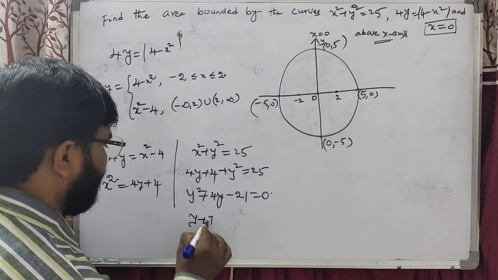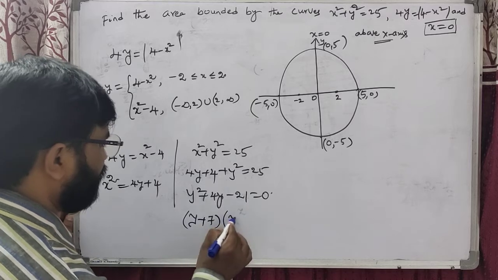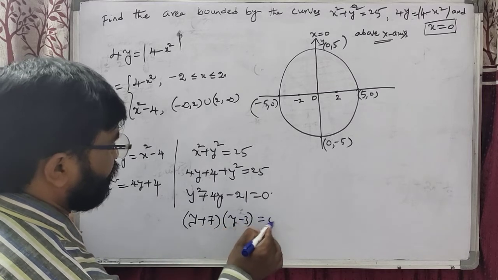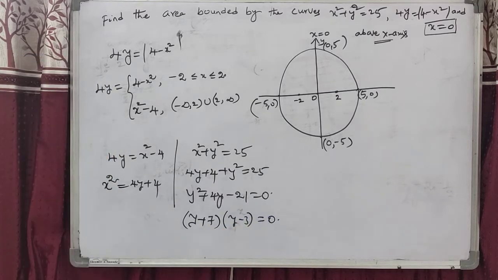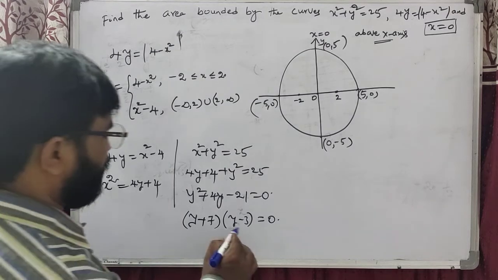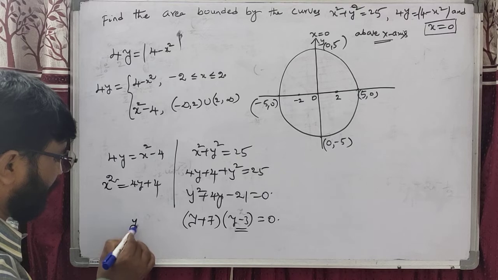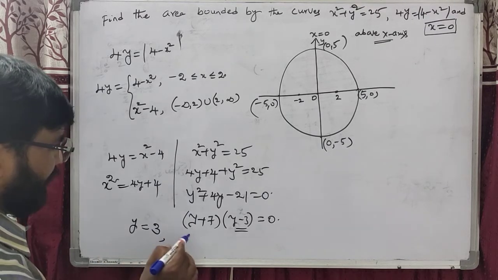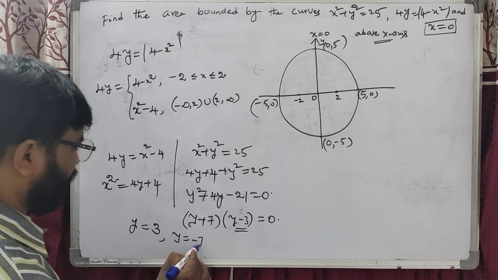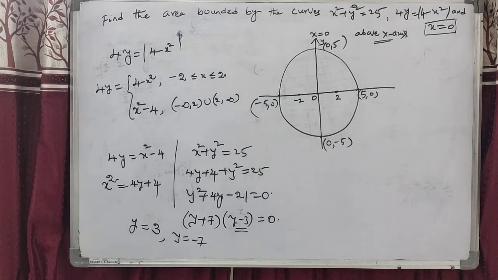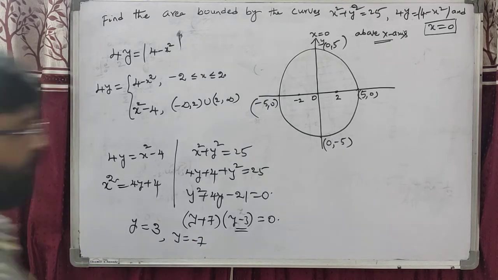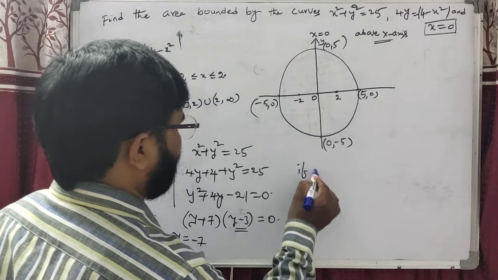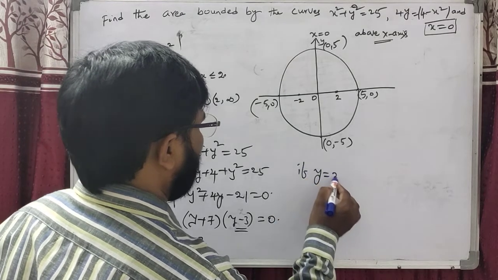Now we can write y plus 7, y minus 3 equal to 0. Okay students, we got the y value is 3 and another value is, dear students, y is 3 and y is minus 7.